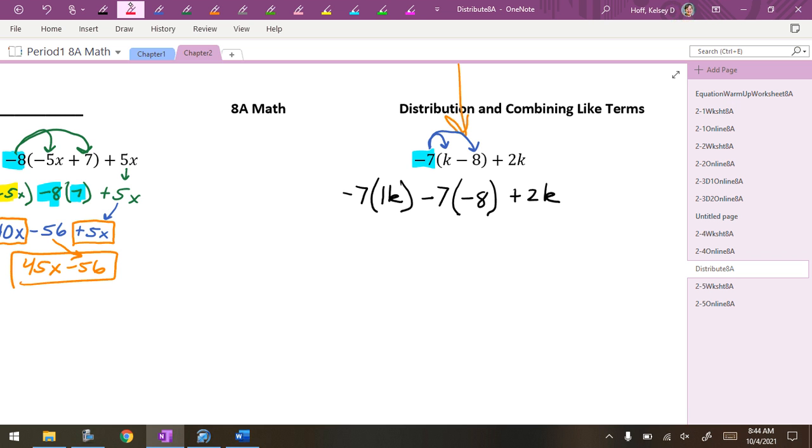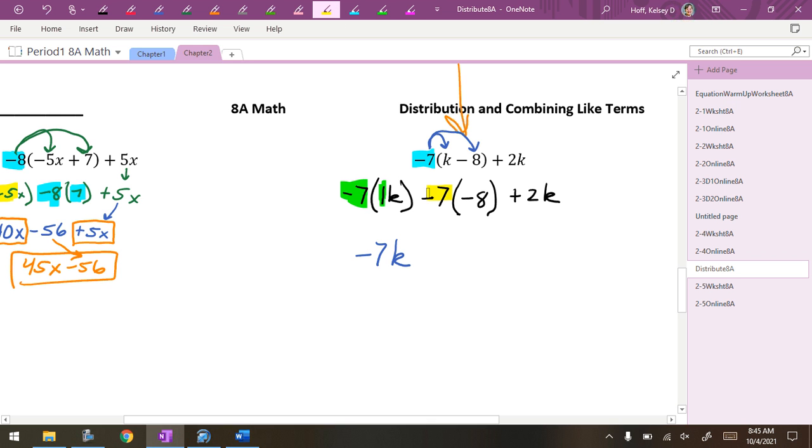Tegan, you're my multiplication guy on this one, okay? -7 times +1. Multiply. -7 times 1. -7, and then we can't forget our k.